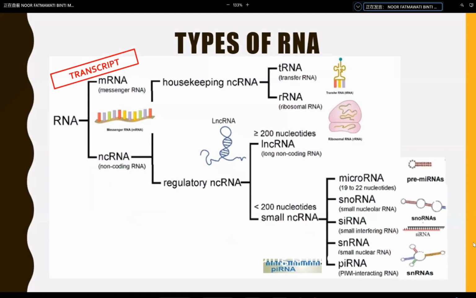The non-coding is a much larger group that consists of many types. We have the housekeeping tRNA, ribosomal RNA, and then we have the regulatory type, which is long non-coding and small non-coding, and for the small non-coding we have several other types. So I think you can basically read this on your own.